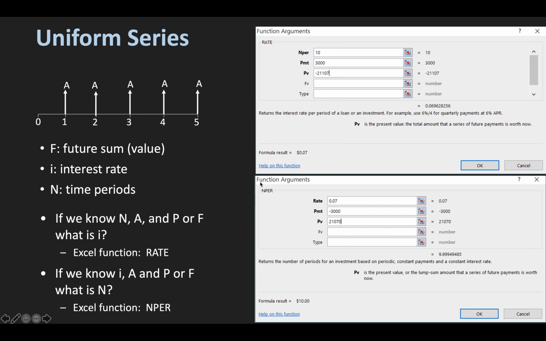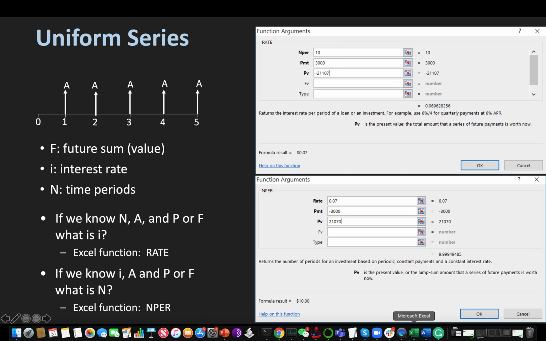One is RATE, the other is NPER, the number of periods, and input the right numbers there. Remember, if one is positive, you want to set the other as negative, so it gives you the right number. So in this case, you can calculate the result. I'm not going to show that here anymore. Pretty straightforward.